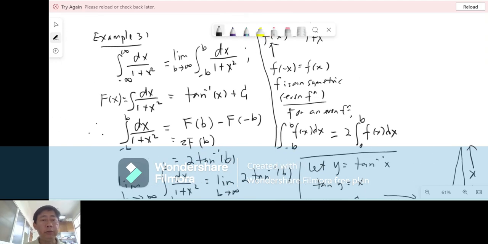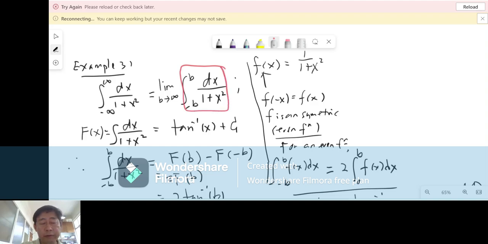In conclusion to this video, we have discussed example 31 where we are integrating the improper integrand of 1 over 1 plus x squared with the lower limit minus infinity and upper limit positive infinity. The integration of this improper integral is obtained by first calculating the expression of the proper definite integral where the lower limit and upper limit are finite, in terms of b.